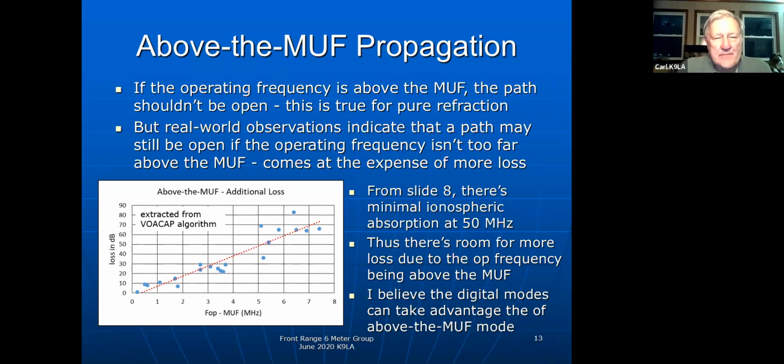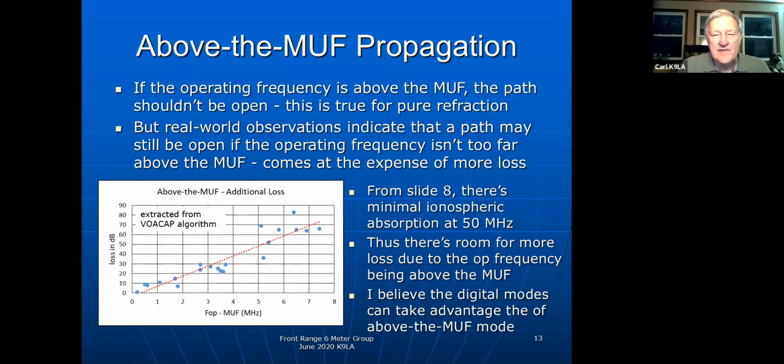Now, VOACAP, one of the most respected propagation prediction programs, has an above the MUF algorithm in it. And I extracted that, and what you can see is, for example, if the operating frequency is 3 megahertz higher than the MUF, you'll have about 28 more dB of loss.